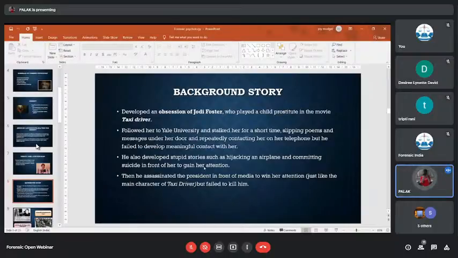He followed her to Yale University and stalked her for a short time, slipping poems and messages under her door and repeatedly contacting her on her telephone, but he failed to develop meaningful contact with her. He also developed stupid stories such as hijacking an airplane and committing suicide in front of her to gain her attention. Then he assassinated the president in front of media to win her attention, just like the main character of Taxi Driver did, but he failed to kill him.